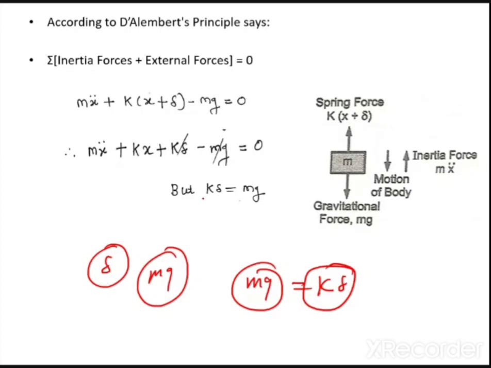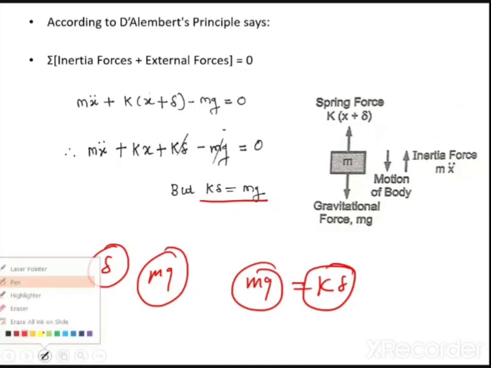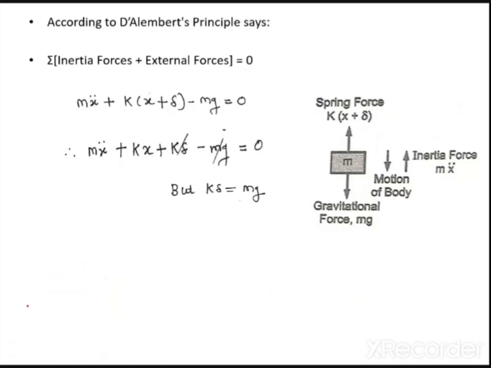Have you understood why in vibration analysis we are neglecting the weight, the force due to gravity? Clear? कारण तो k delta सोबत कॅन्सलच होणार आहे ना, म्हणून आपण तो पुढे घ्यायची गरजच नाही, वेळ कशाला काढायचा.